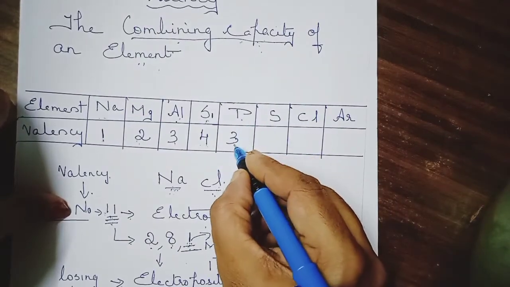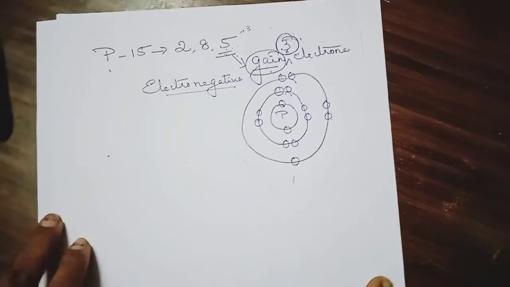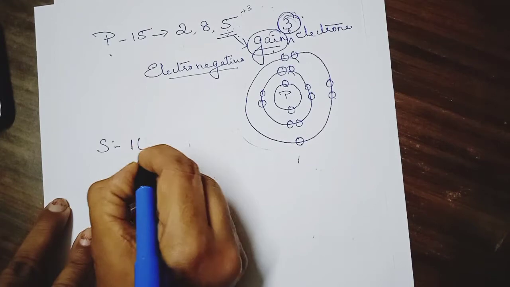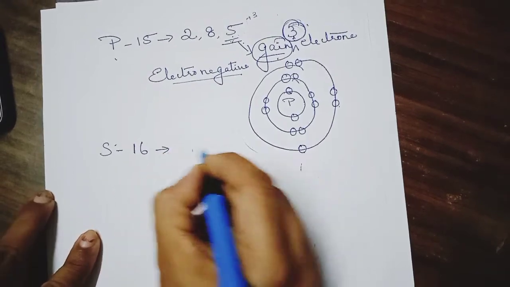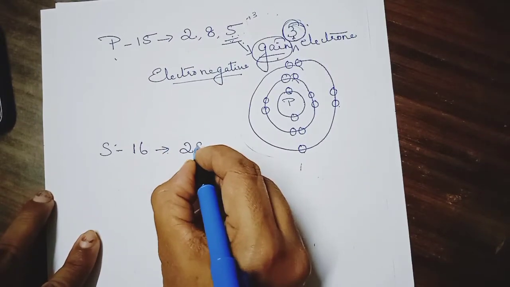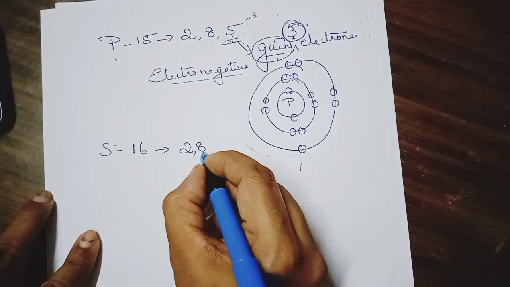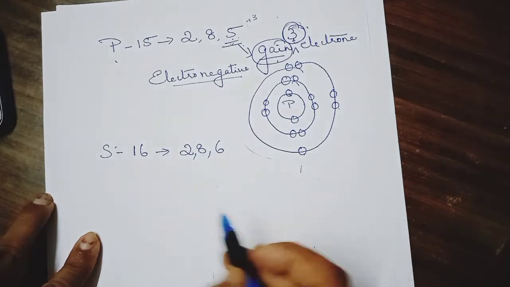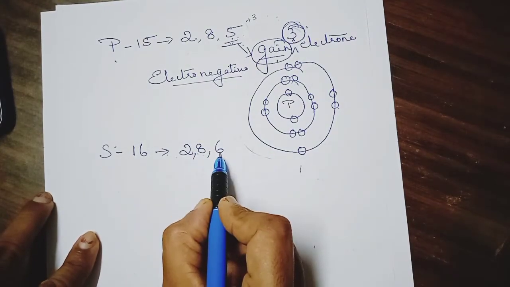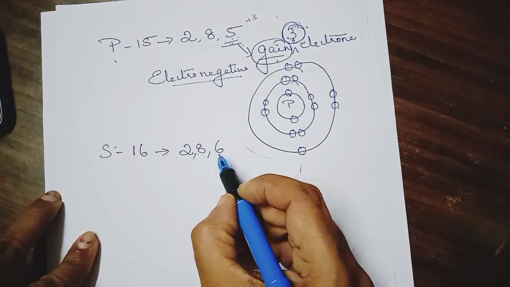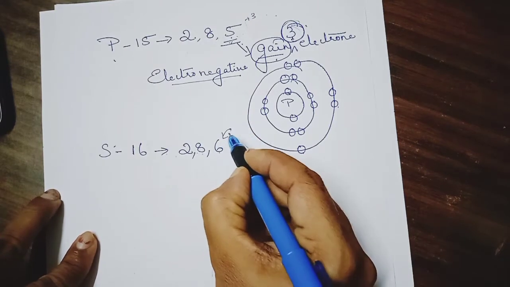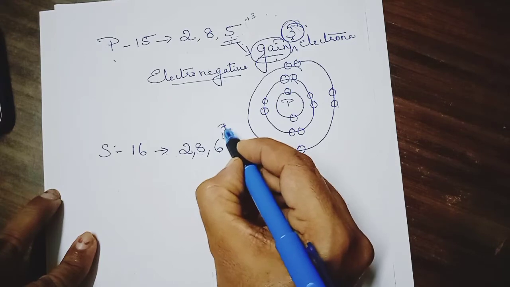So phosphorus is 3. Now next is sulfur. We have sulfur, the atomic number is 16. Here again let's write the electronic configuration: 2, 8, 2 plus 8, 10, 10 plus 6, right? 2 plus 8, 10, 10 plus 6, 16. Now here also we cannot lose 6 electrons. So instead what will it do? It will gain 2 electrons.